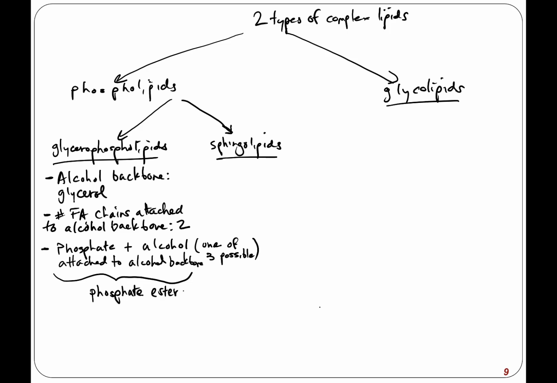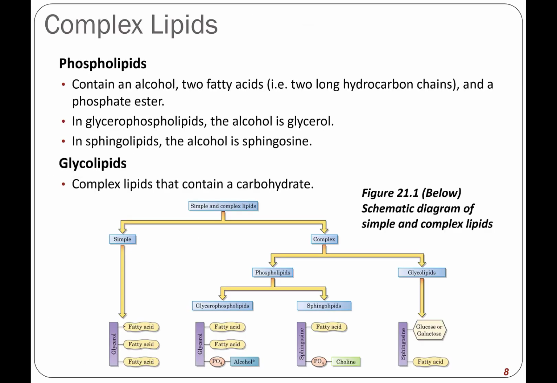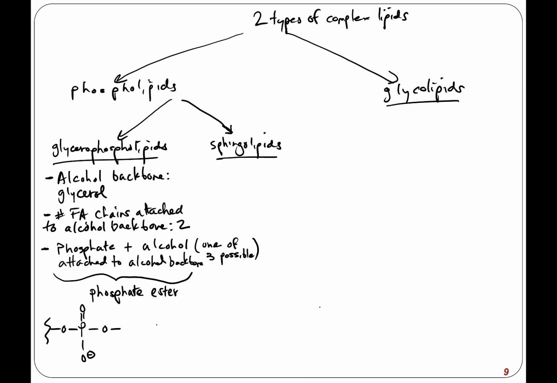Okay, a phosphate ester, let me just draw one down here. We'll actually see this, and let's just pretend there's a minus there, and then an O, and then an OR. The idea is this is a phosphate ester.